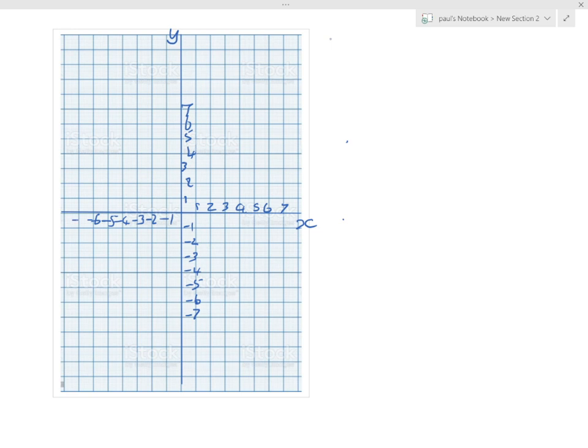Now, two sorts of things they could ask us here. They could ask us to work out the length of the longest side, or they could ask us to work out an area.